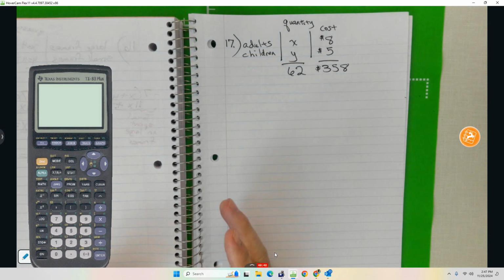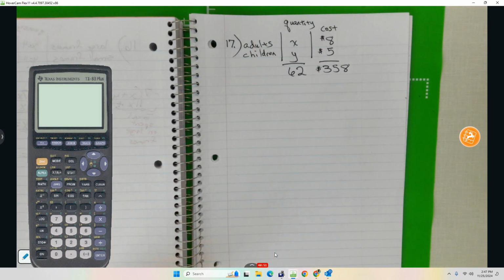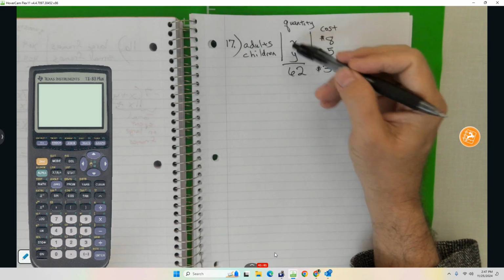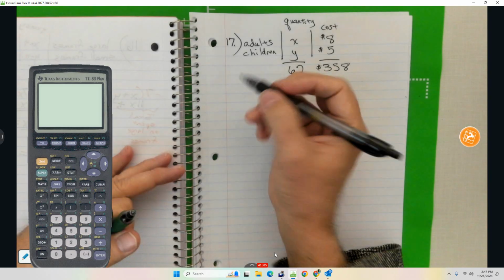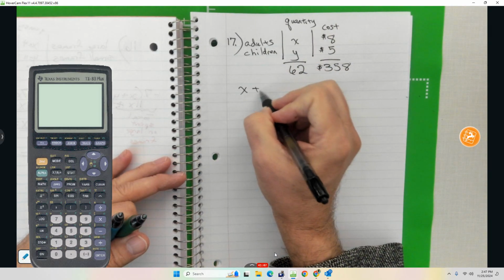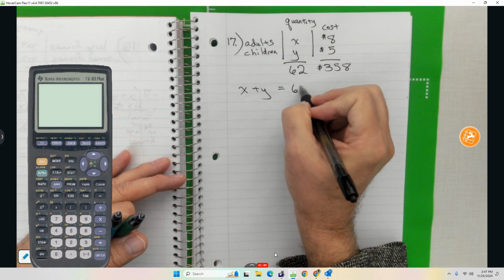We have two variables, so we need two unique equations. Give me one of those equations. Okay, the number of adult tickets plus the number of children tickets had better equal 62. So x plus y is equal to 62.